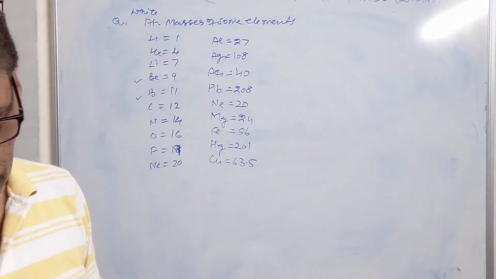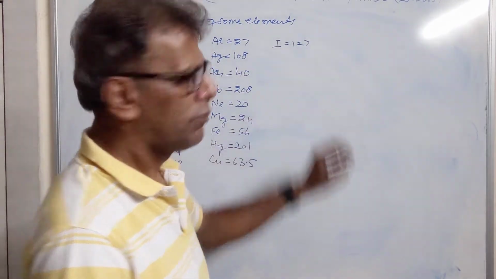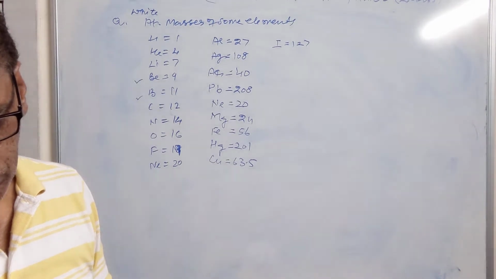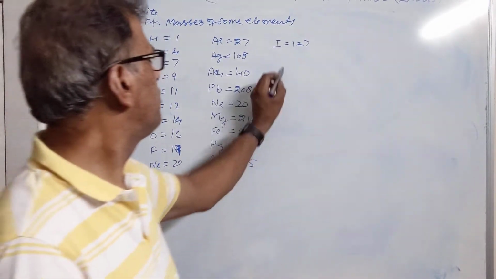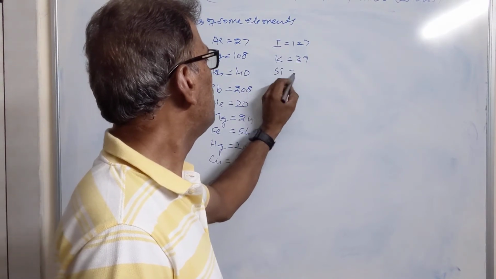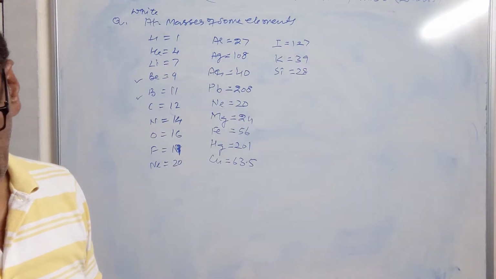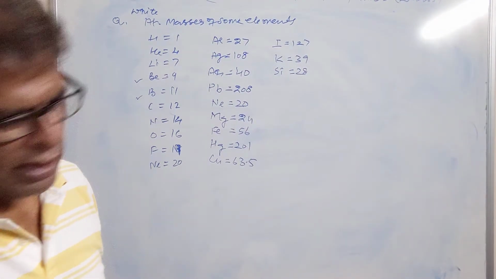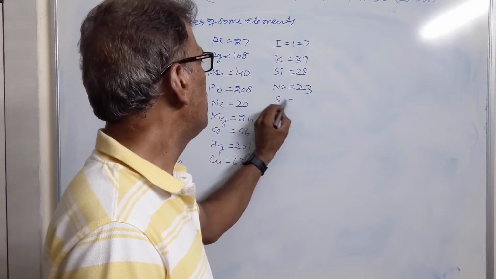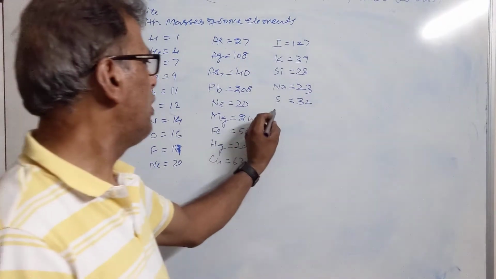Then we have iodine, atomic mass is 127. And then we have iron 56, potassium 39. Silicon, it is 28. Then we have silver, we have already done that. Sodium, it is 23. Sulfur, it is 32. Then we have zinc 65.